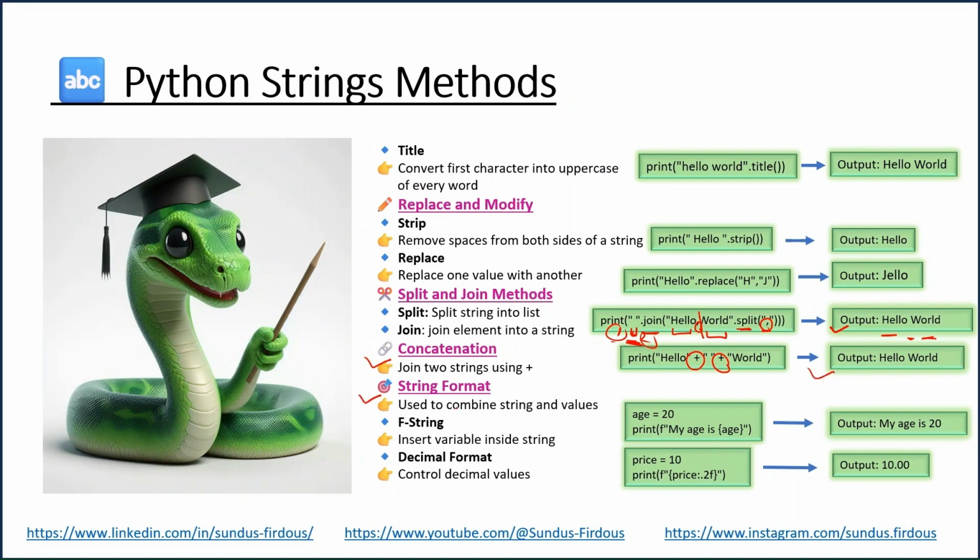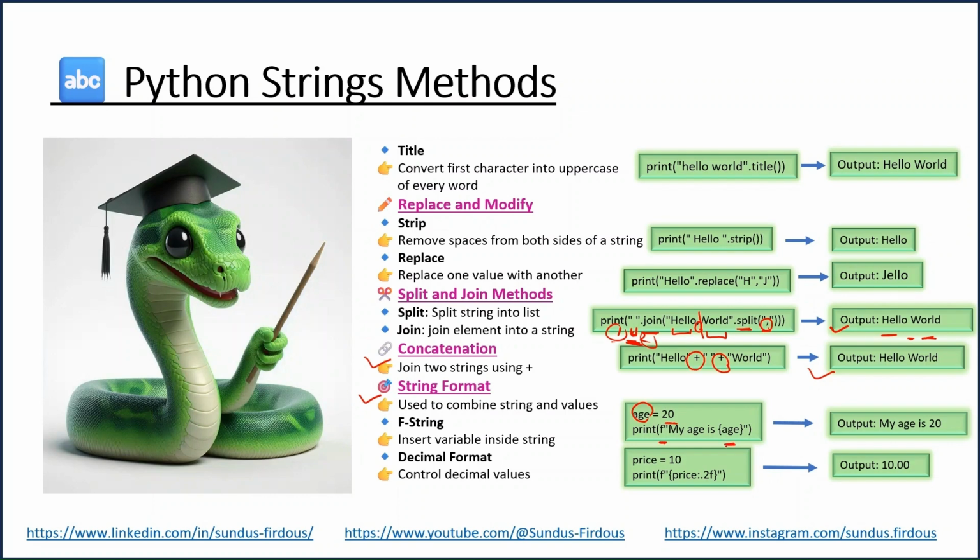Now, string format. It is used to combine strings and values, for example, to insert a variable inside a string. Here I am using an f-string. My age is, I took one variable age and passed the value 20.